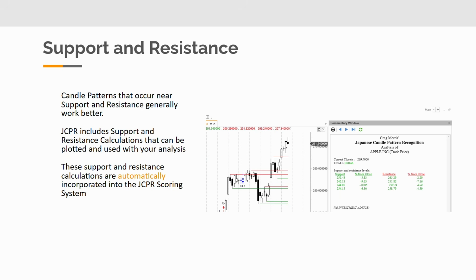So bulking those together makes it a lot more powerful. JCPR automatically does support and resistance for you. It'll plot these support and resistance lines automatically and then give you the values of the support and resistance right outside of the commentary. And so you'll be able to see all this on the screen.